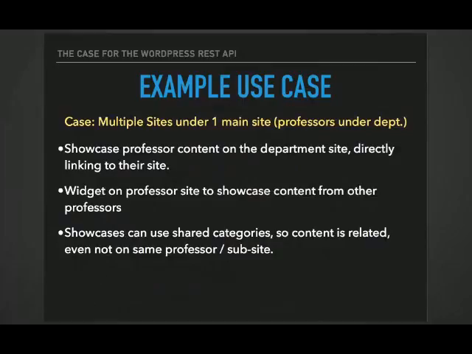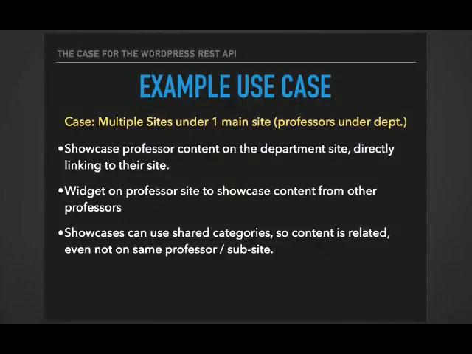This is another similar example. So multiple sites under one main site. And I was listening to the last talk, and this kind of reminded me of this. So basically, let's say you have a department website, and underneath the department, each professor has their own website.